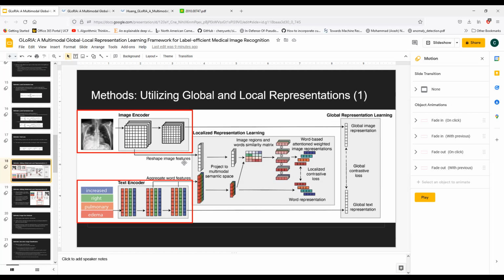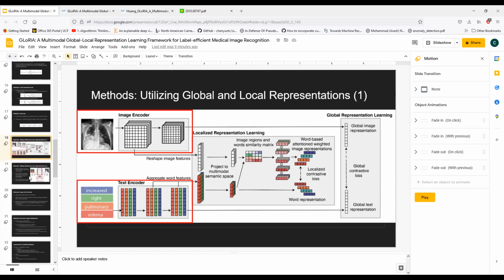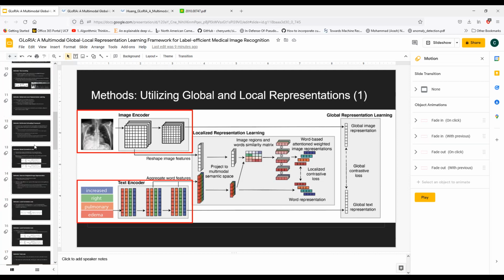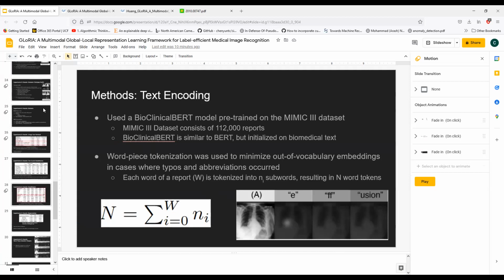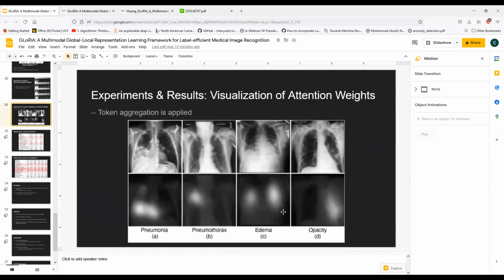I think in one of the illustrations you have effusion, right, and another figure with pneumonia or opacity. They have different attention that highlights the local region, where that specific region corresponds to the paired image.